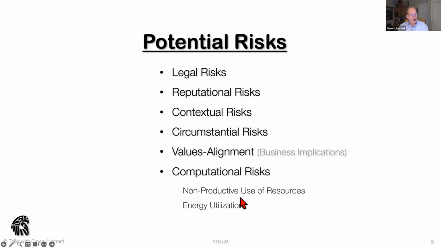We're in the news now. Energy utilization. Have you seen where Microsoft is thinking about asking, like, Pennsylvania Electric, to turn on the Three Mile Island atomic electricity generator again for AI usage?